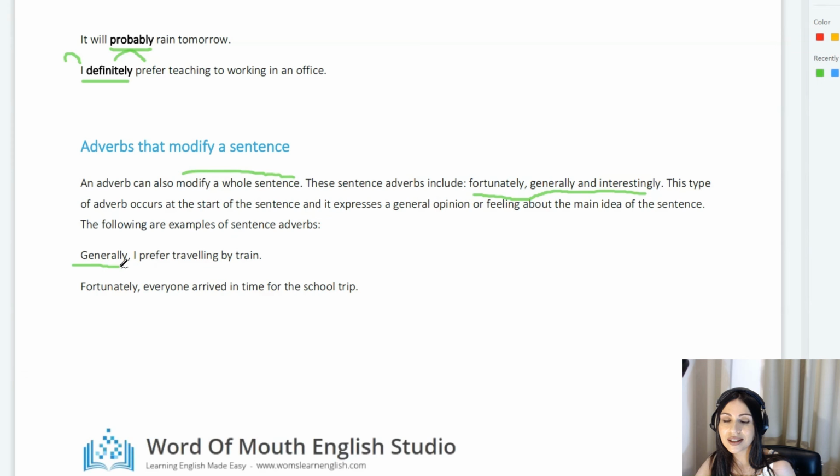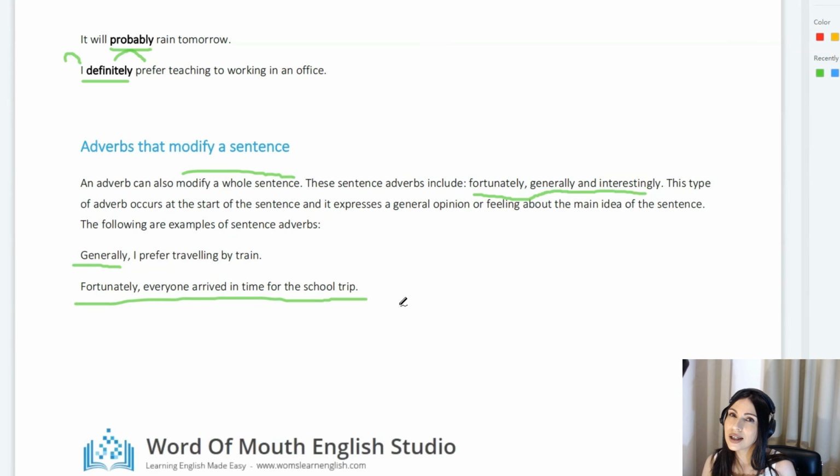So, generally, I prefer traveling by train, the word generally here would be classified as an adverb that modifies a whole clause. Fortunately, I brought my umbrella because it's raining. So fortunately here would be the adverb that modifies the sentence. Or fortunately, everyone arrived in time for the school trip.